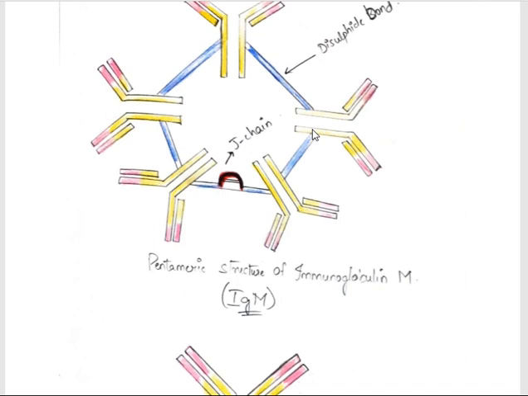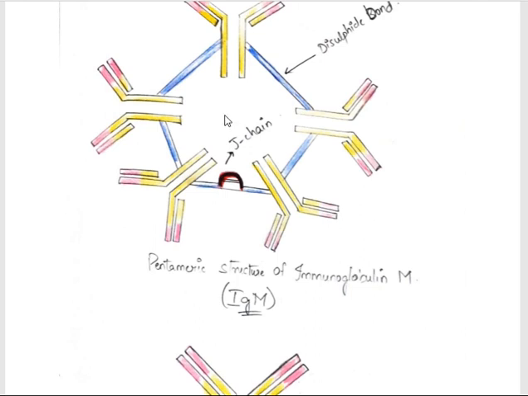The carbohydrate content is more. Obviously each chain has about 3%, so altogether we have about 10 to 12% carbohydrate content.